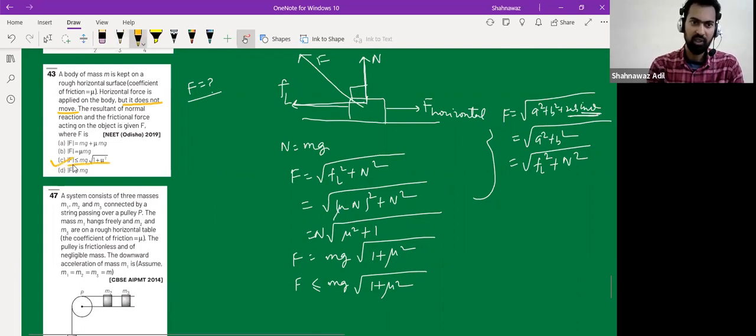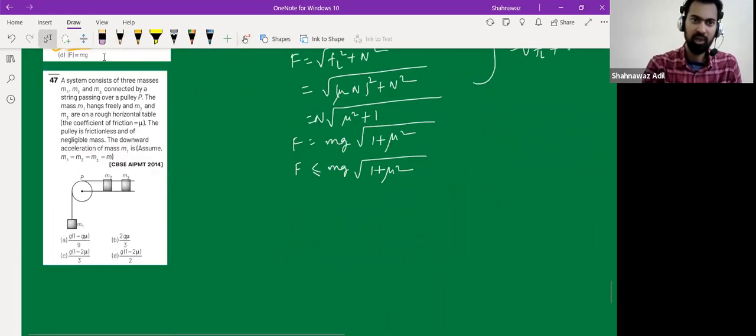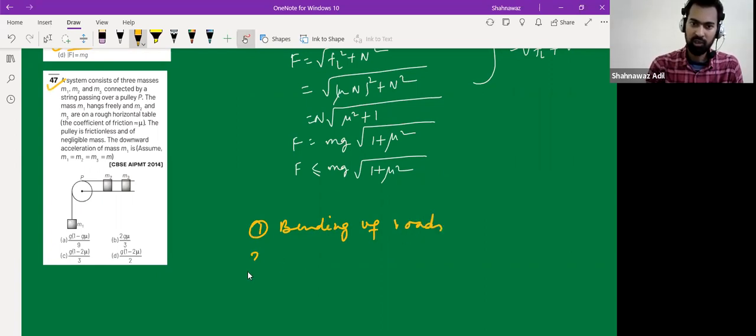We'll stop here, and in the next class I will do this problem, and then I will talk about bending of rods and then vertical motions.